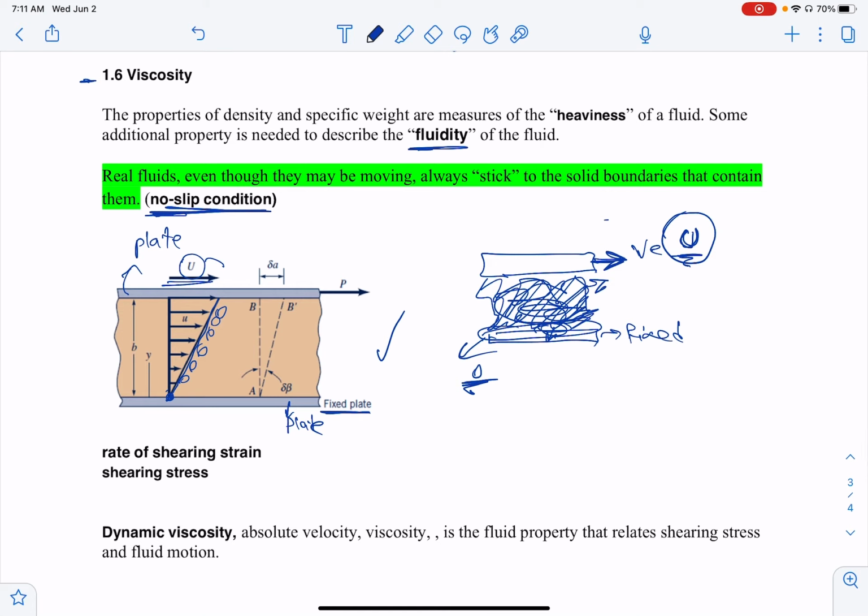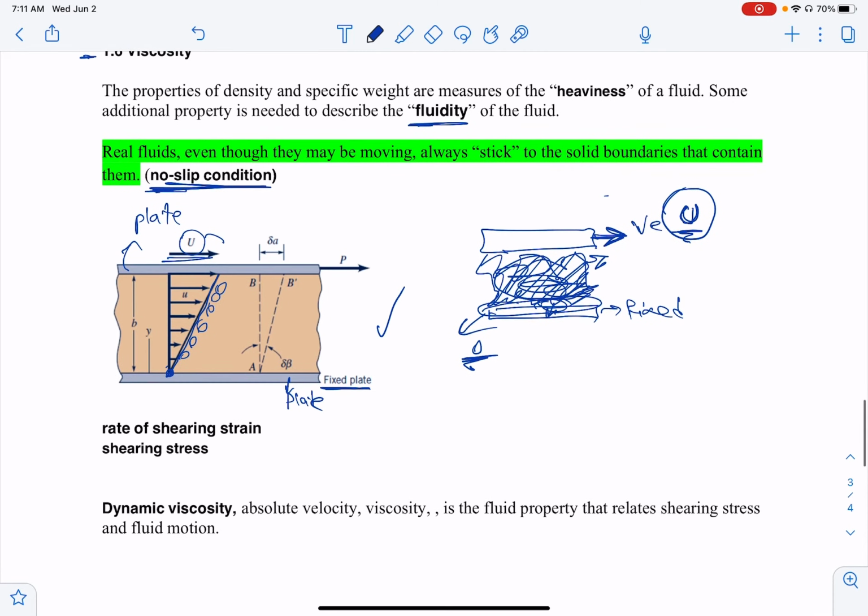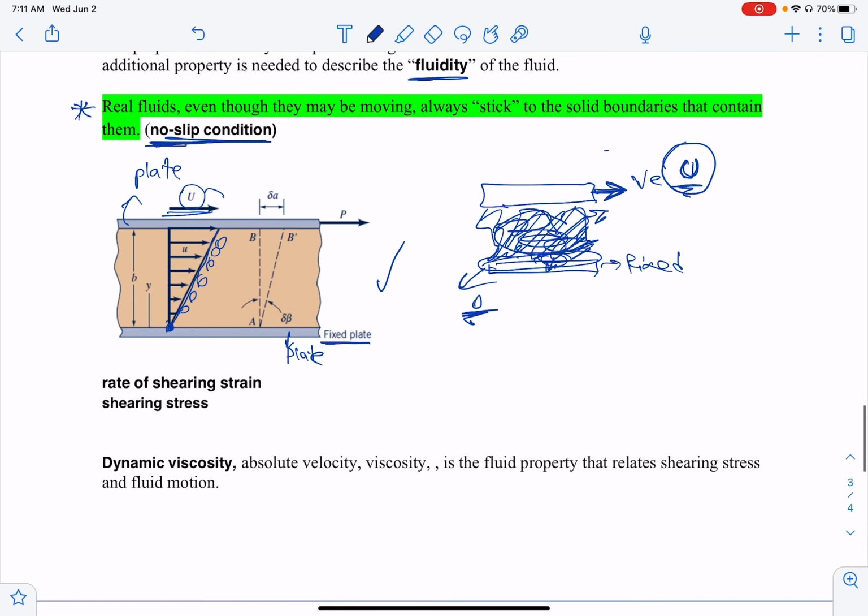But the important thing is this sentence: just remember that the fluid always sticks to the solid boundaries.